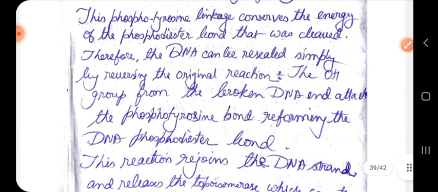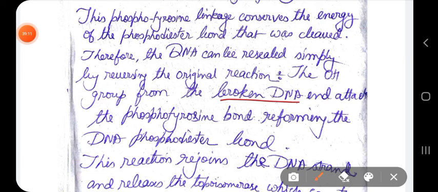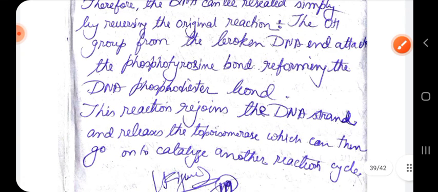So the broken DNA end which has the OH group will attack the phosphotyrosine linkage and reform the DNA phosphodiester bond. This reaction will rejoin the DNA strand and release the topoisomerase, which can then go on to catalyze another reaction cycle.